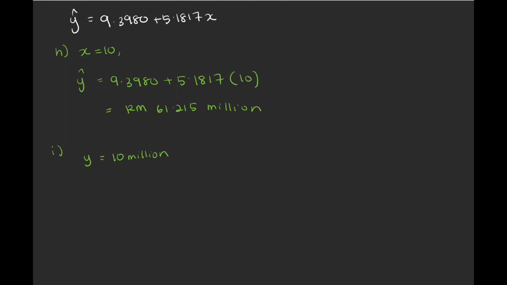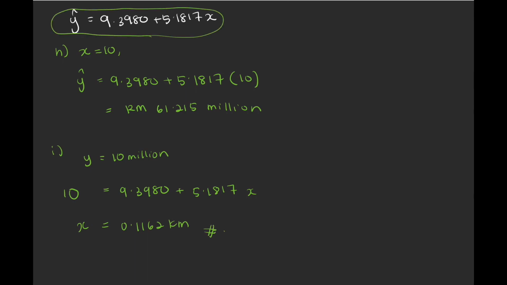Okay, so 9.3980 here is 10 plus 5.1817x. So you will get x is equal to 0.1162 kilometer.